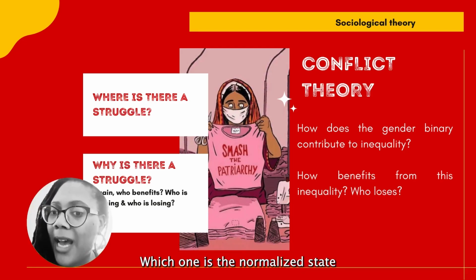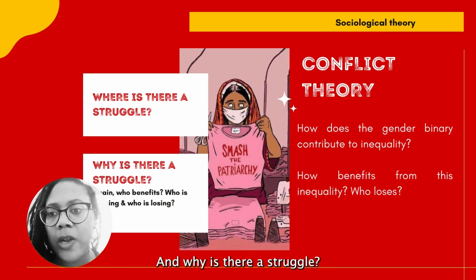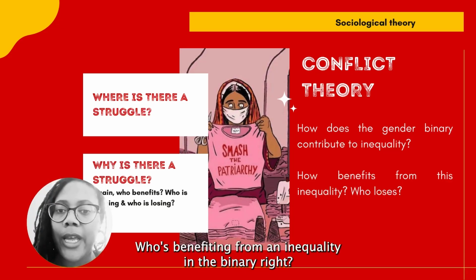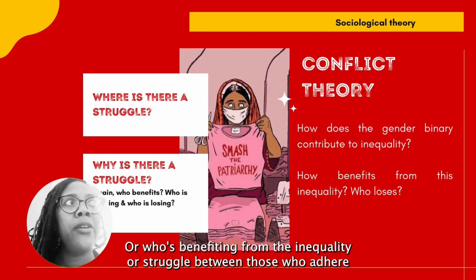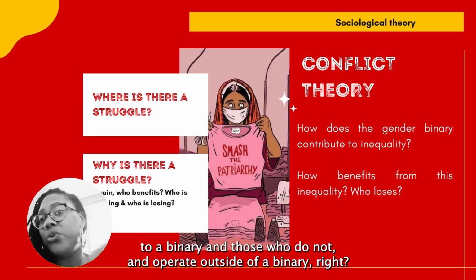Which one is the normalized state? And which one is the other state? And why is there a struggle? Who's benefiting from an inequality in the binary, or who's benefiting from the inequality or struggle between those who adhere to a binary and those who do not and operate outside of a binary?